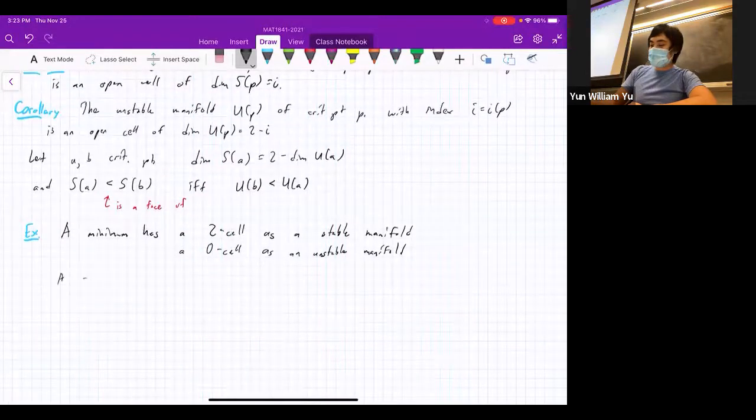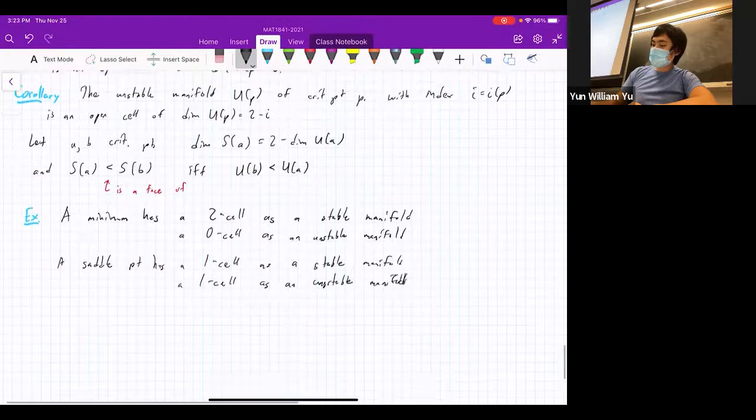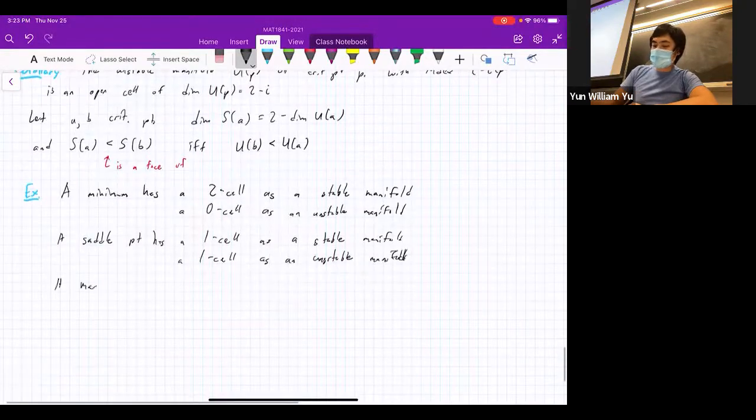And a saddle point as well, it has a 1-cell for both. 1-cell as a stable manifold, and a 1-cell as an unstable manifold. And of course, the maximum has exactly the opposite. So 0-cell stable and 2-cell unstable.